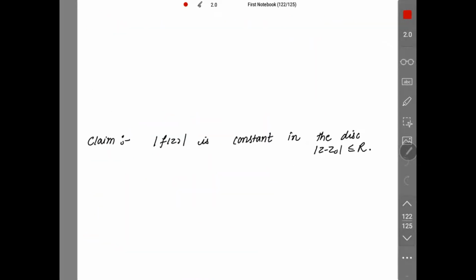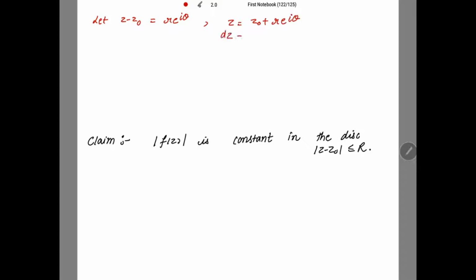So let z minus z0 be equal to r e to the power iota theta, which implies z is equal to z0 plus r e to the power iota theta, and dz will be equal to r e to the power iota theta into iota d theta.